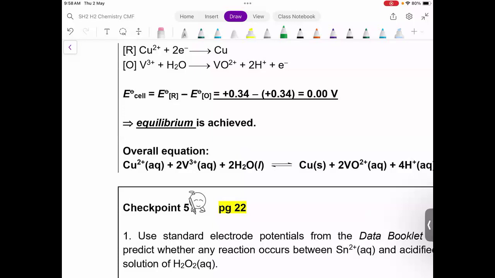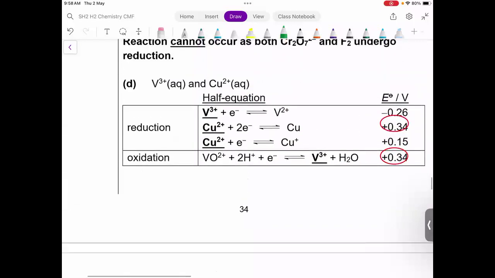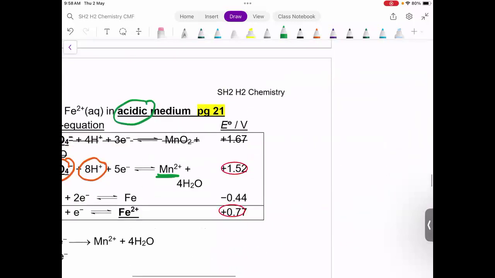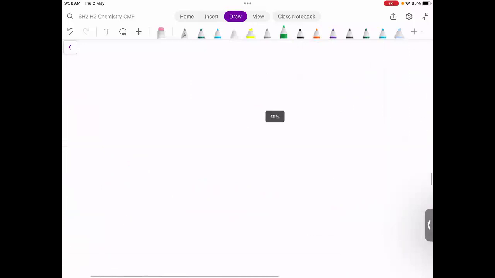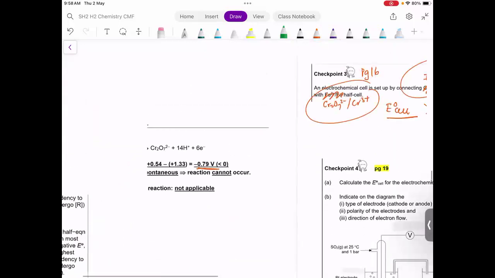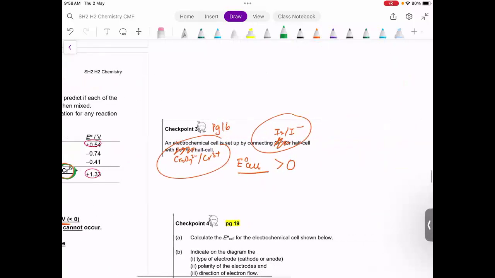It's not until we cannot fit. What do you mean? Oh, because in this case, if I'm working with half cells, between these two half cells, I know that this is the one with a more positive E0 value, so it will be the cathode.